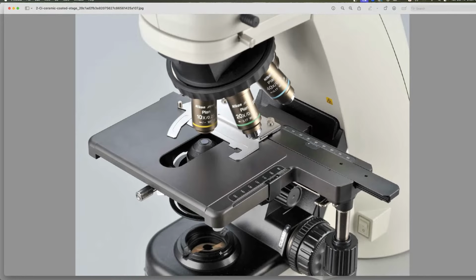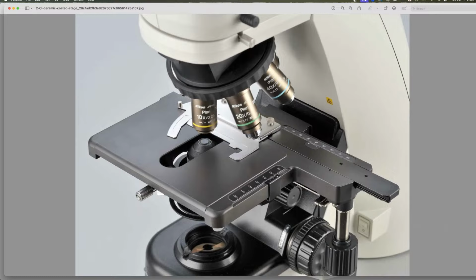This is the light source, and it can be anything from a halogen type light to a mercury vapor light, to LEDs are common these days because they're cooler, and the light actually shines in the back of the microscope, and through a series of mirrors.